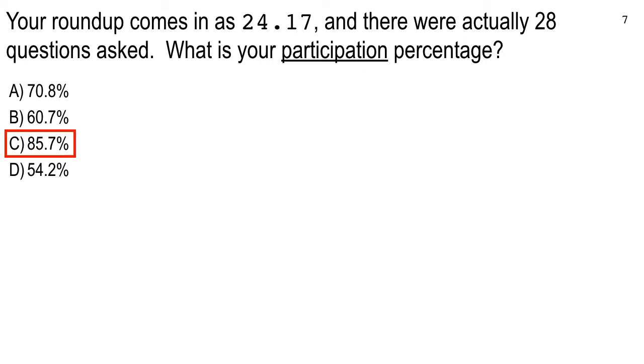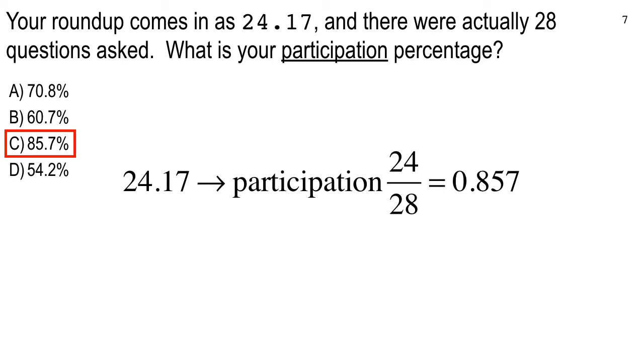Yeah, correct here. And if you got that one wrong, here's how you do it. You take the 24 divided into 28, or 28 divided into 24 is 0.857, and that's your participation percentage. And you can make a note.